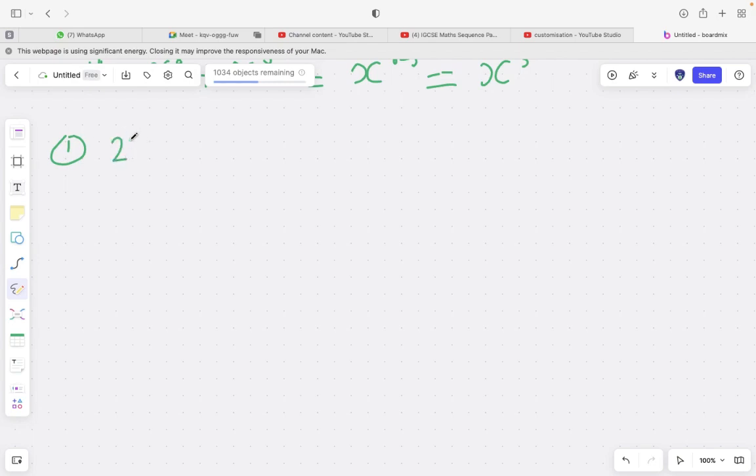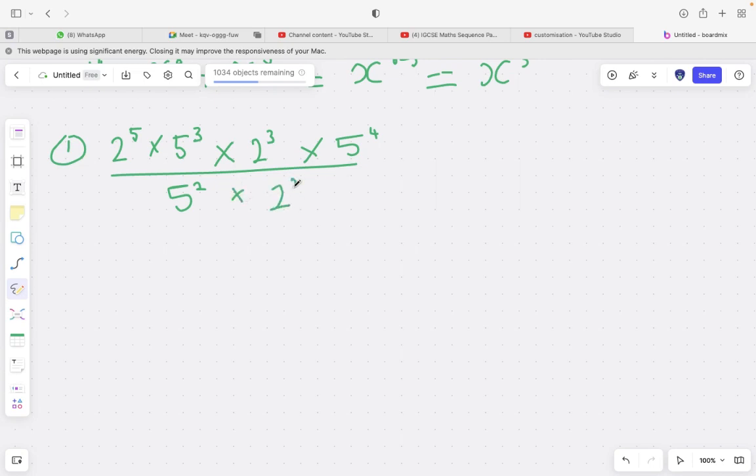Combine together: 2 to the power of 5 times 5 to the power of 3 times 2 to the power of 3 times 5 to the power of 4, all over 5 to the power of 2 times 2 to the power of 2.